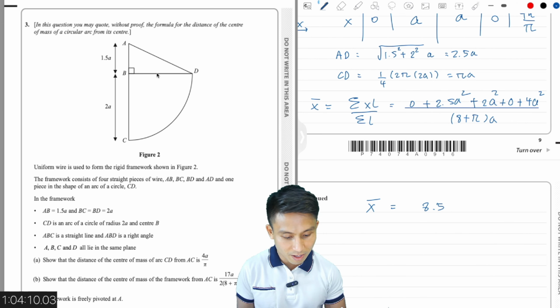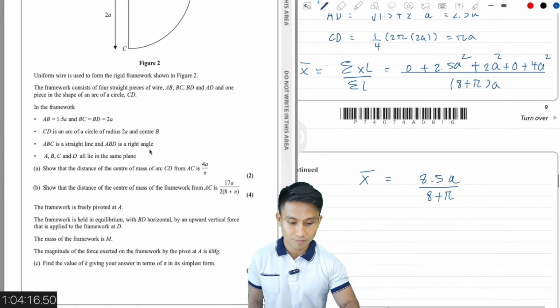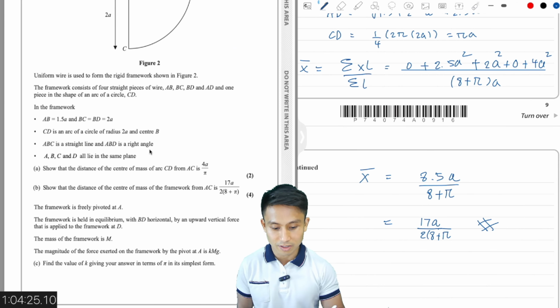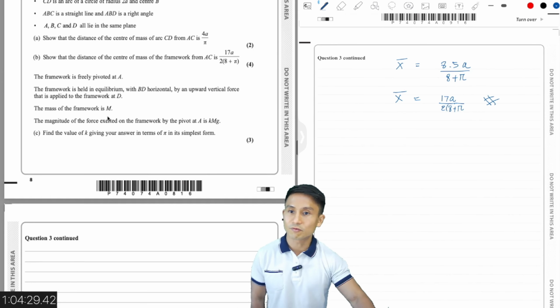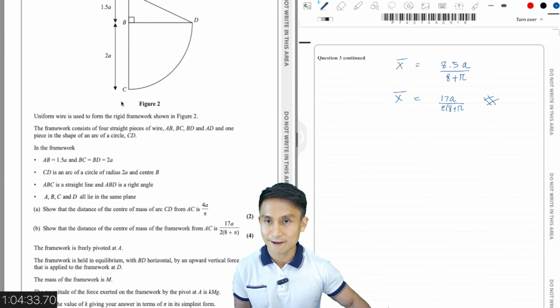That's 8.5a divided by 8 plus pi. Yeah, we can do 7a because 8.5 is basically 7 over 2. So that's 7a over 2, 8 plus pi. And that is as required. Yeah, I got it.